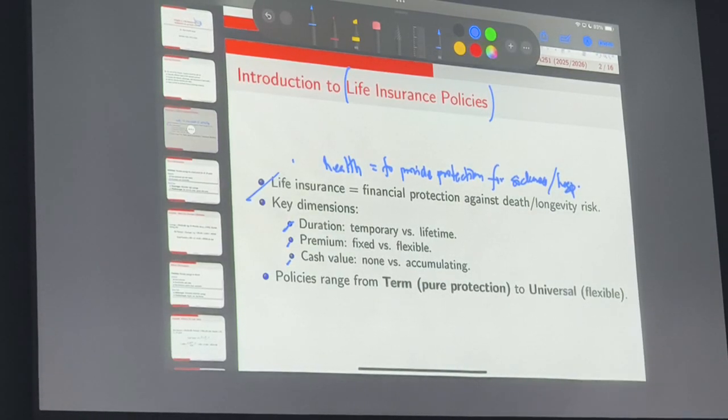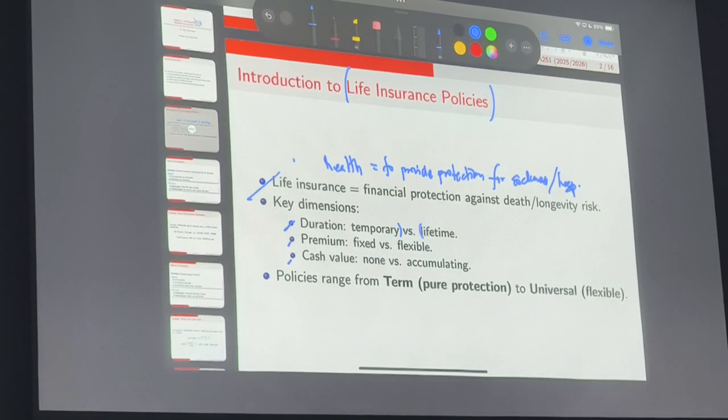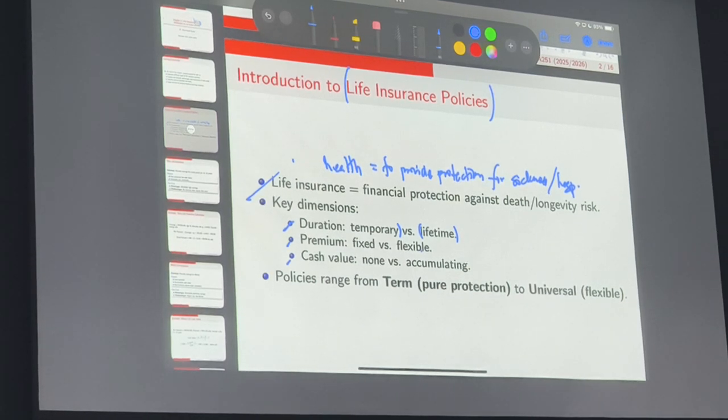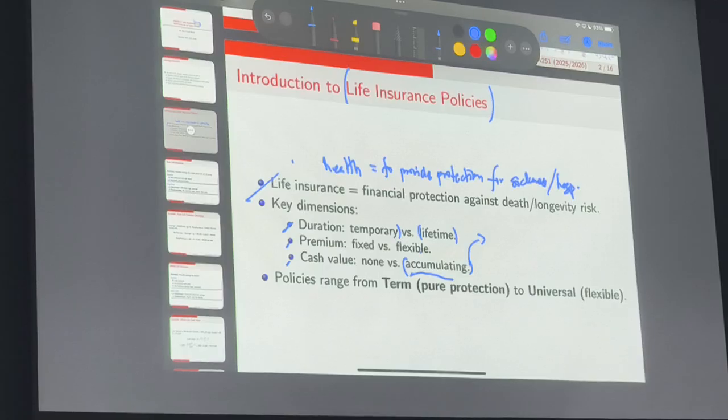So for duration, we have either the policies temporary or lifetime. Premium, we have fixed or flexible, and cash value, if there is cash value, we call it accumulating. Right, accumulating. Since dia akan accumulate, the cash value will be accumulated from day one until maturity.